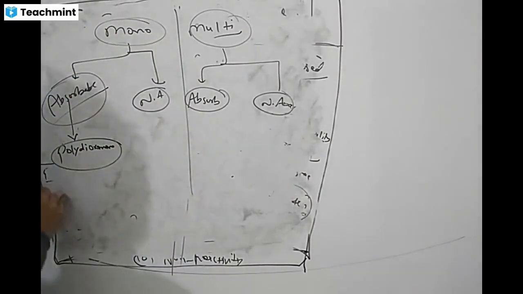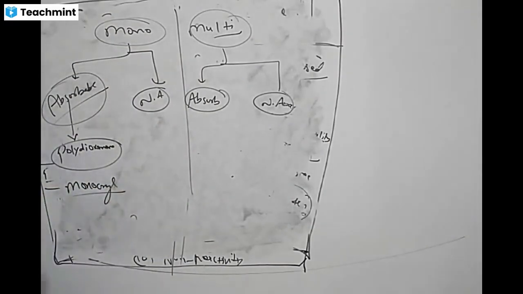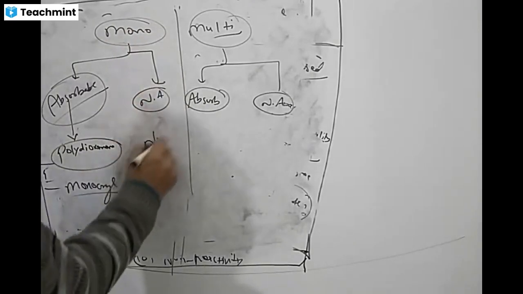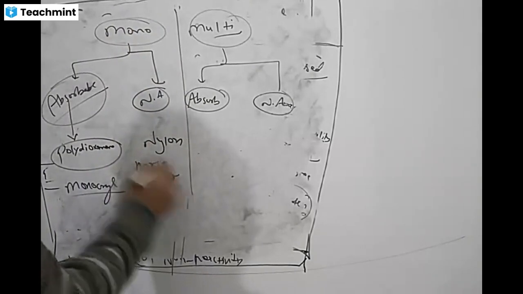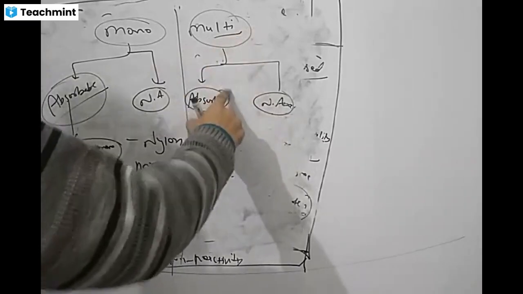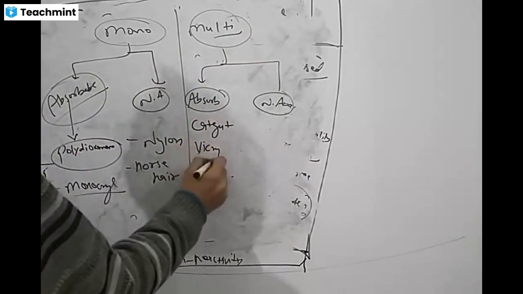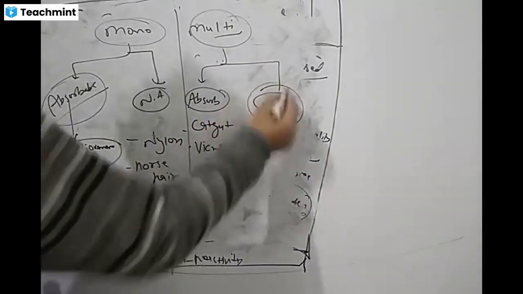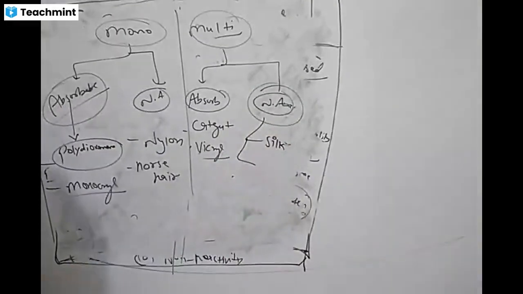The second example is Monocryl. And in case of monofilament non-absorbable, we have nylon and horse hair. In case of multifilament absorbable, the commonly used materials are your catgut and your Vicryl. And in case of non-absorbable, that is your silk.